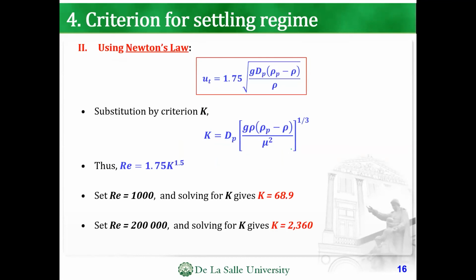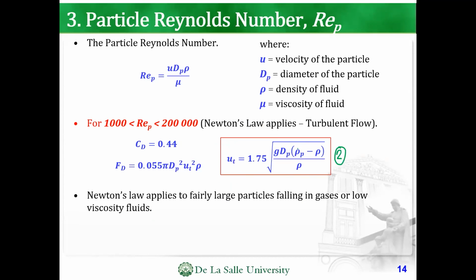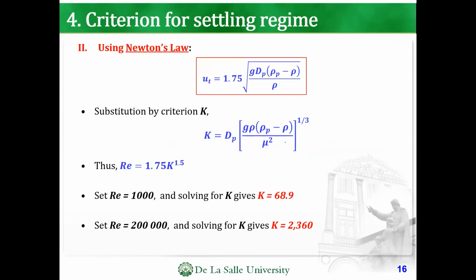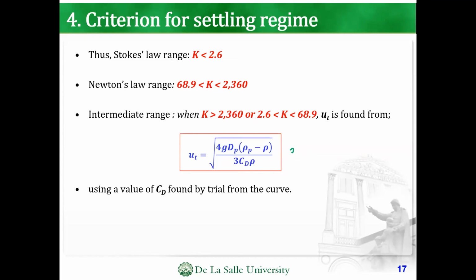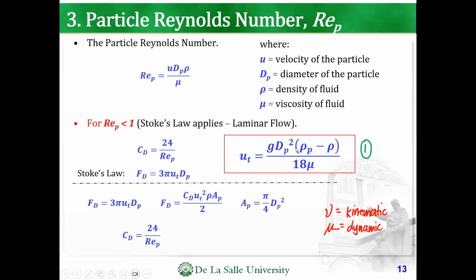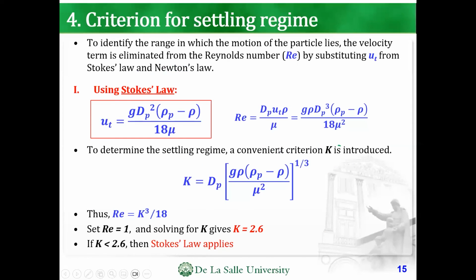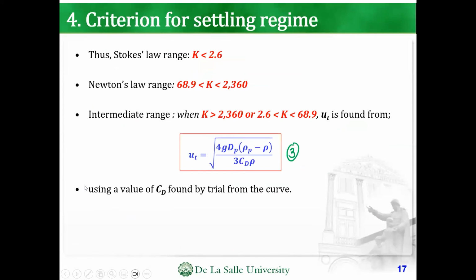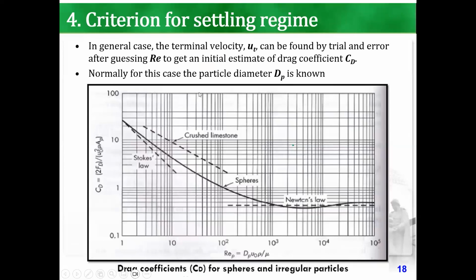This one. Because I gave you the first formula of UT, the second formula, and this would be the third formula. The first, second, third. Okay. Using a value of CD found from here, again, this is one of the CD versus Reynolds number curves.